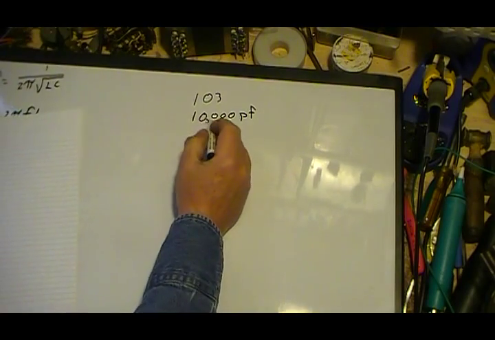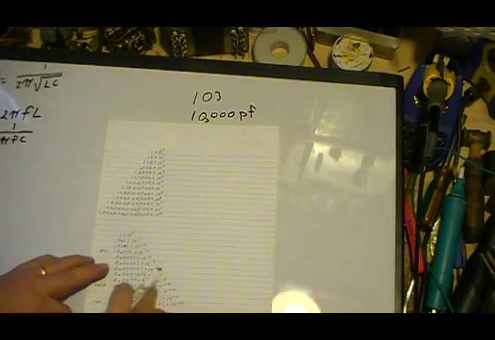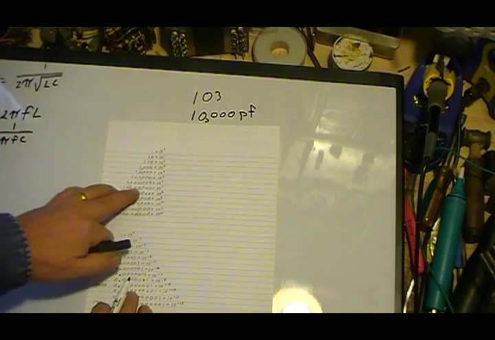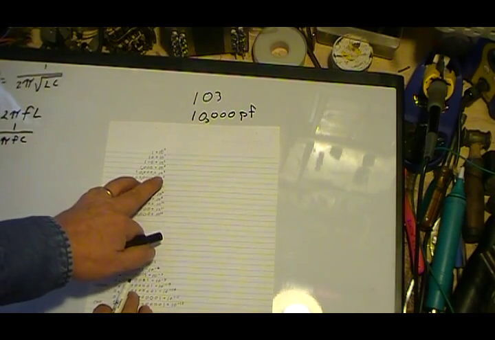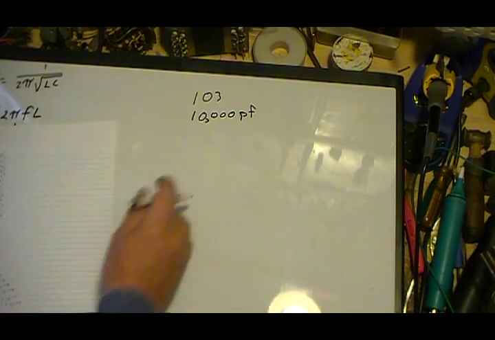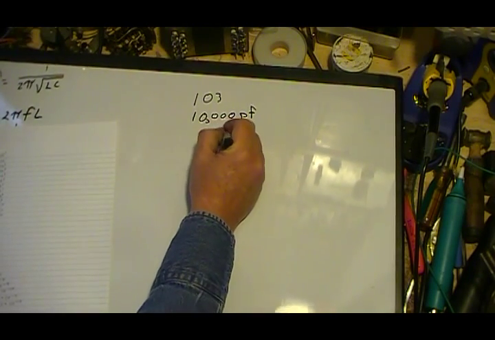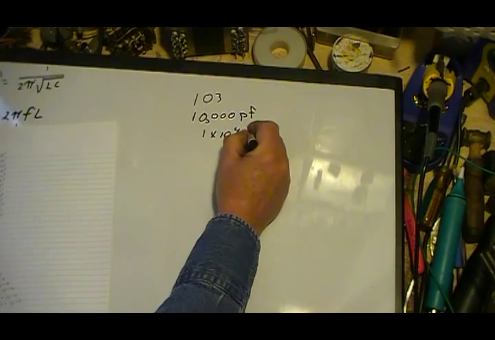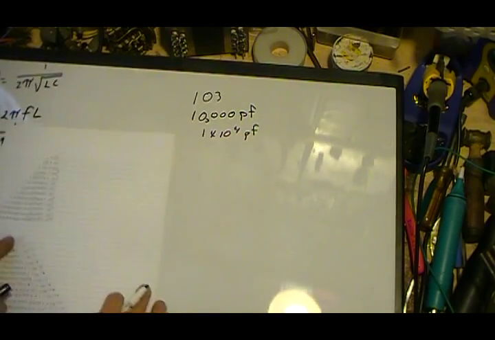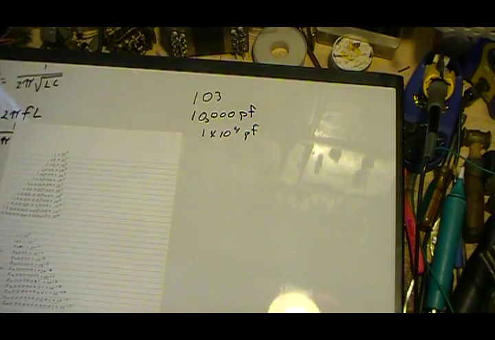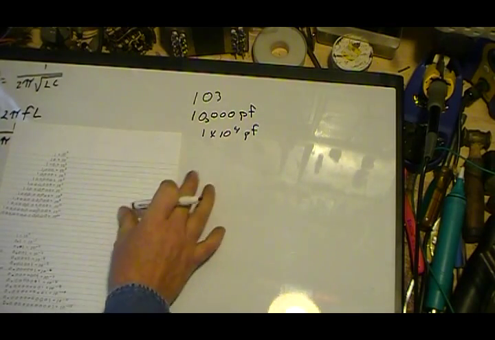Now 10,000, if we look, comes out to be 10 to the 4th. So this is the same thing as 1 times 10 to the 4th picofarads. Well, what's picofarads?